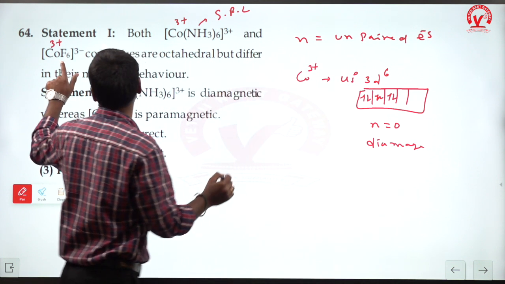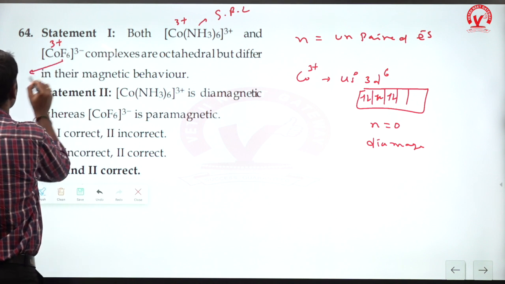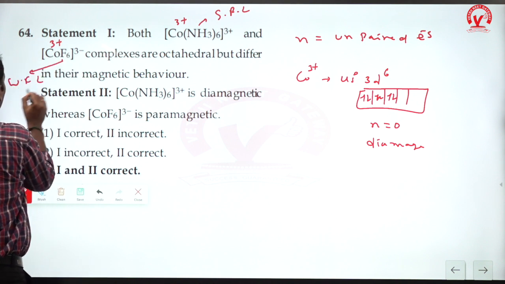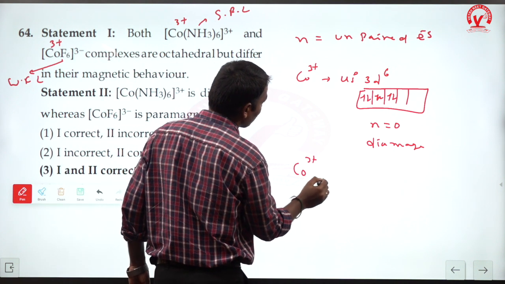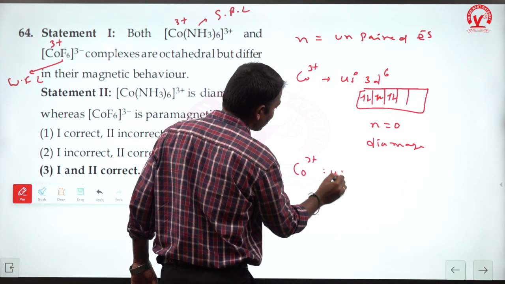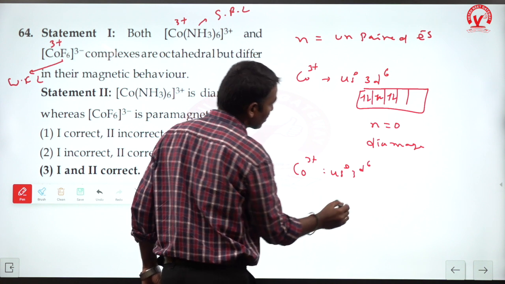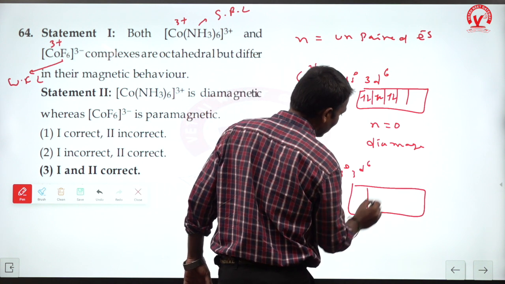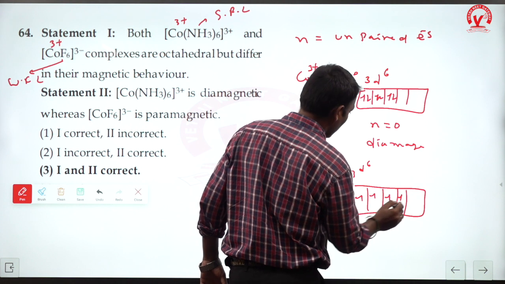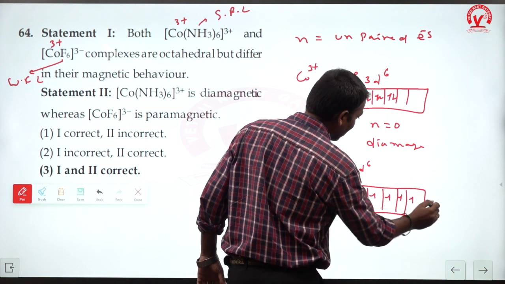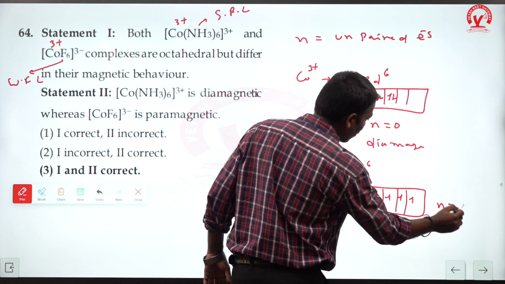In the same way, F- is a weak field ligand, no pairing takes place. Same Co3+, 4s0 3d6. Here also we can observe like this, 1 2 3 4 5 6, and n is equal to 4 here.